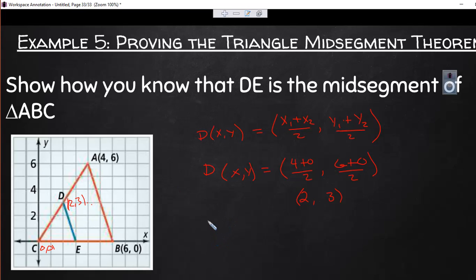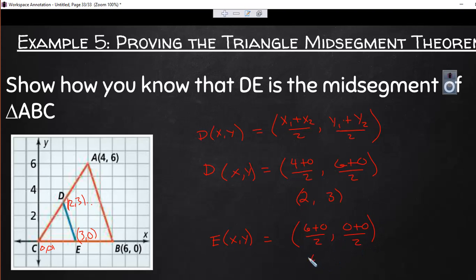So now let's check to see what the midpoint of line CB is. So we're going to take for point E, find the coordinates of that to check to see if it matches this right here. If we look over here, this is 1, 2, 3. This should be at 3, 0. So let's check to make sure that this comes out to be the same. So we're going to take our x's, 6 plus 0 divided by 2, and 0 plus 0 divided by 2.